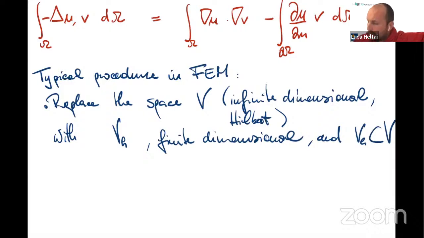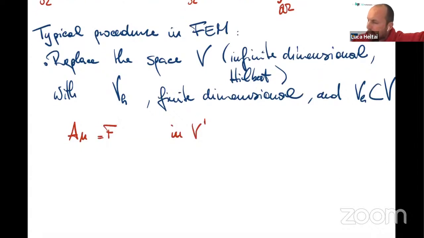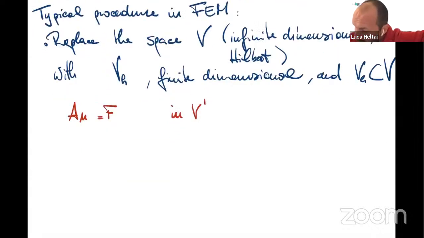If I do the procedure, what happens is that the writing that we had before, there was AU equal F. This is usually written in V prime, becomes, I simply restrict the same operator on a smaller space.